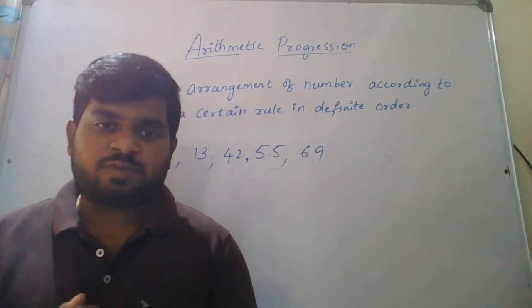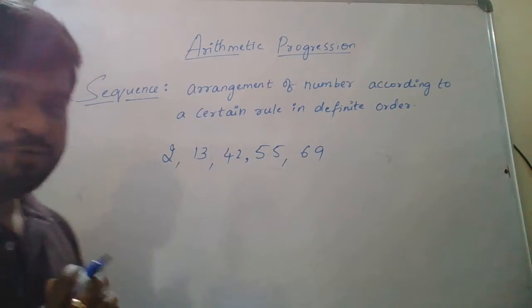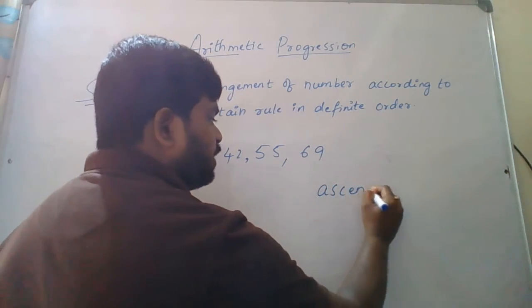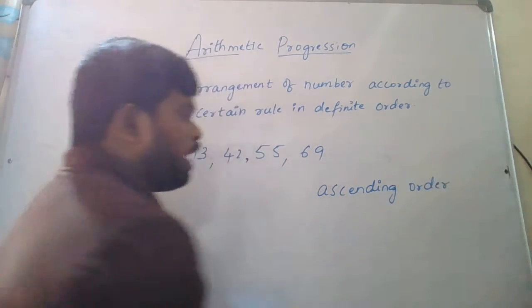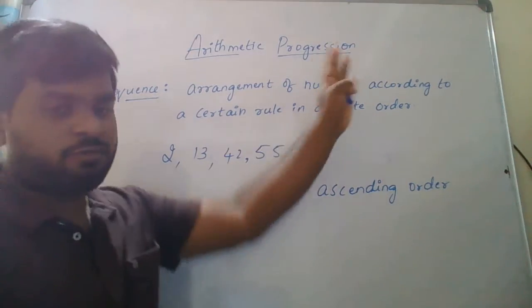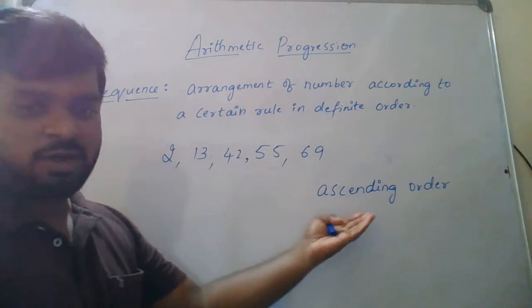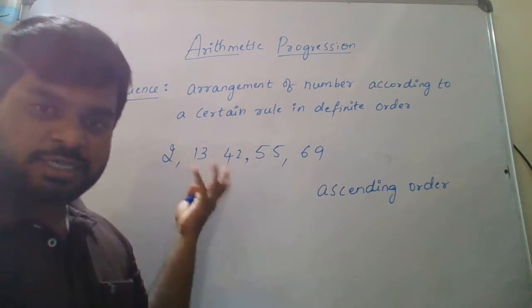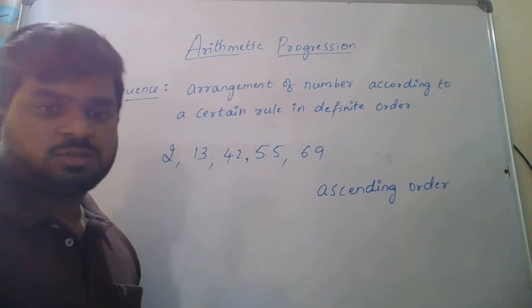If you want, you can pause for a second and you can guess it. Okay, if you have not got it, it's simple. It's just ascending order, small to big. So you are arranging numbers here, arrangement of numbers according to a certain rule. What is the rule over here? Ascending order, small to big. This can also be a sequence. Or the reverse, descending order. That can also be a sequence.